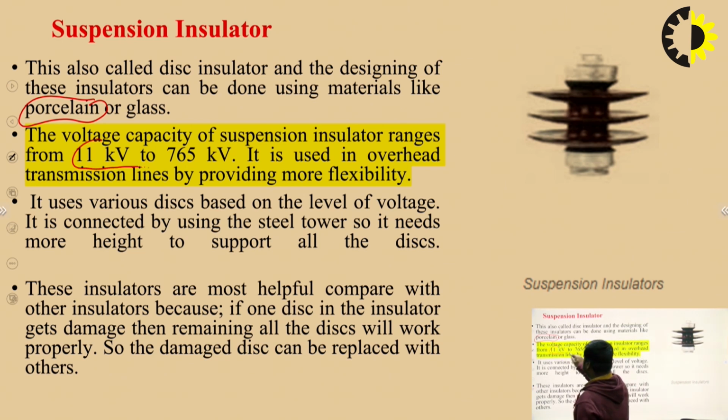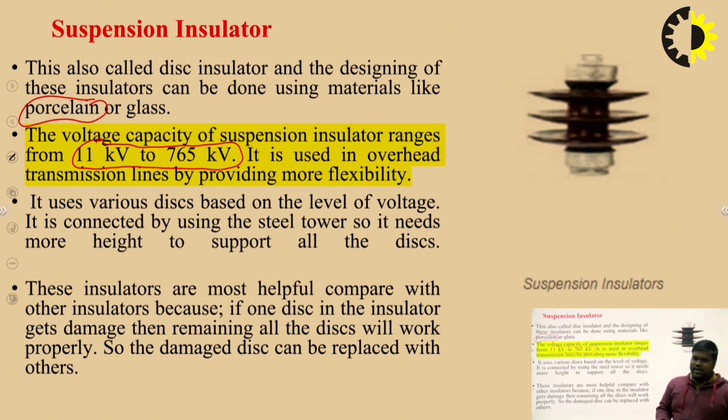This is a very important voltage range, and this may be asked in your external examinations, interviews, and competitive examinations. So the voltage range of a suspension insulator is 11 kV to 765 kV.